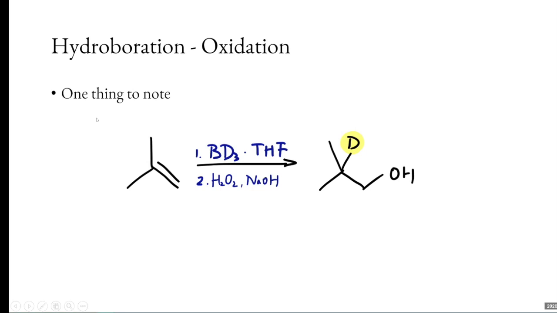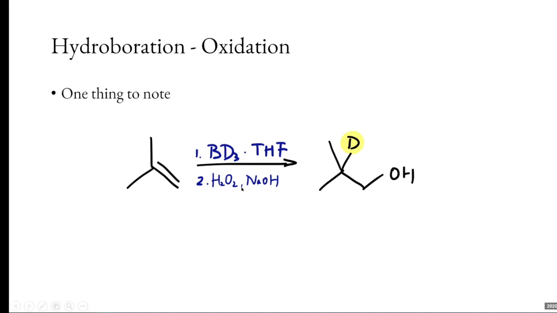Yep. So basically, deuterium, or D, is just a version of hydrogen that has one more neutron. Deuterium is used when you want to do isotope tracing in organic synthesis.